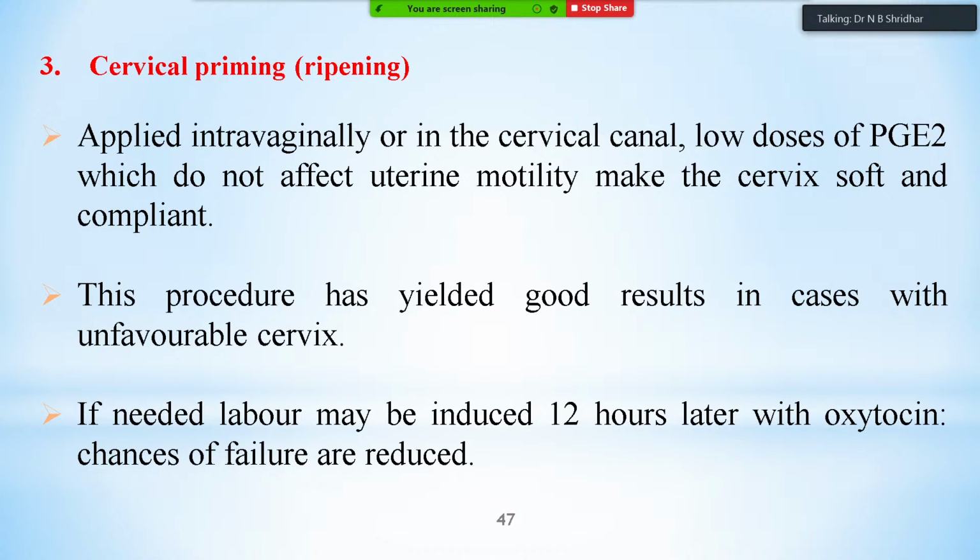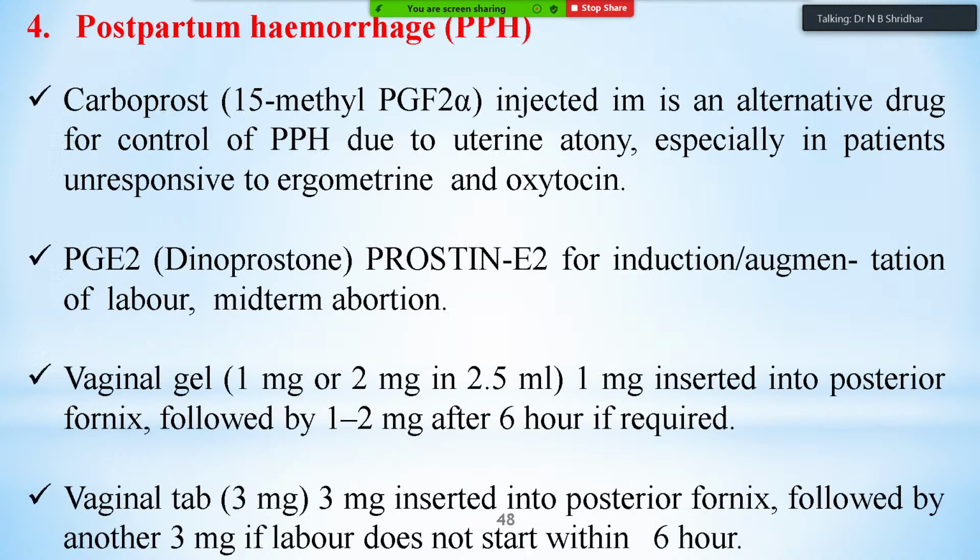And for cervical priming, the prostaglandin analogs are applied intravaginally or in the cervical canal, and low doses of the PGE2, which do not affect the uterine motility, make the cervix soft and compliant. And this procedure has yielded good results in cases with unfavorable cervix. So if needed, labor may be induced 12 hours later with oxytocin, and chances of failure are reduced.